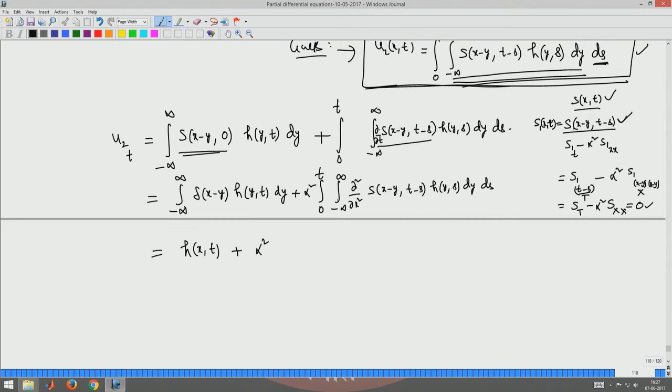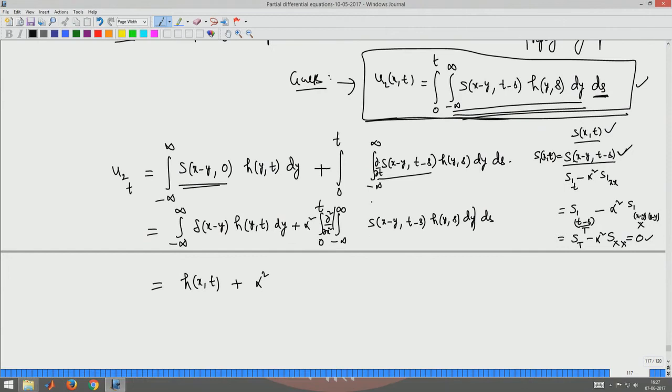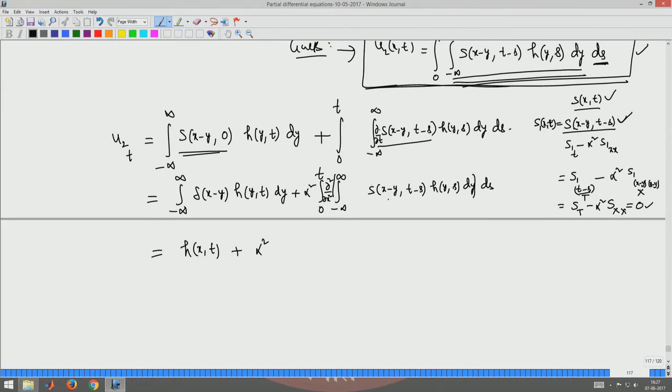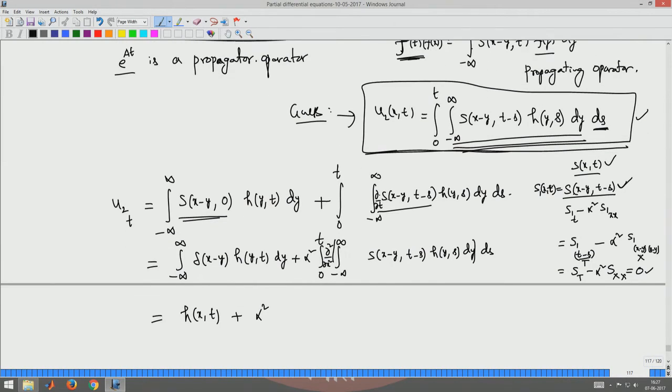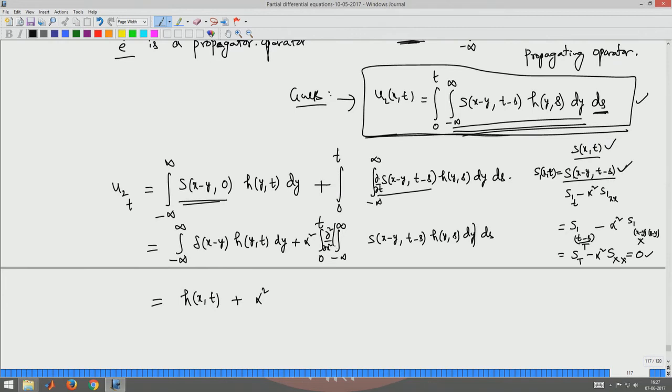So, dou square by dou x square I can write outside here. See, this S_t is S_xx. So, whatever is here, this dy integral, this whole thing is nothing but your u2. So, that means u2 xx is what you have.